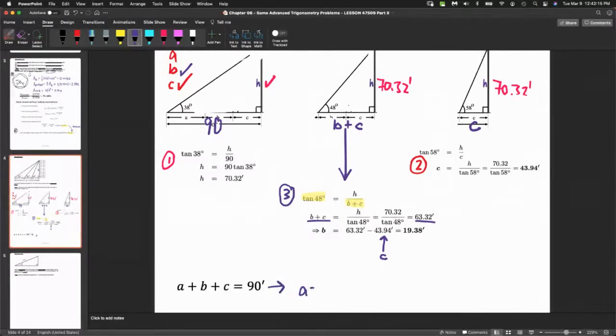Right here. A is equal to 90 minus B minus C. So that's the very last step to finish off the question. And I did that earlier and got 26.68. And that's in feet. So that pretty much nails it.